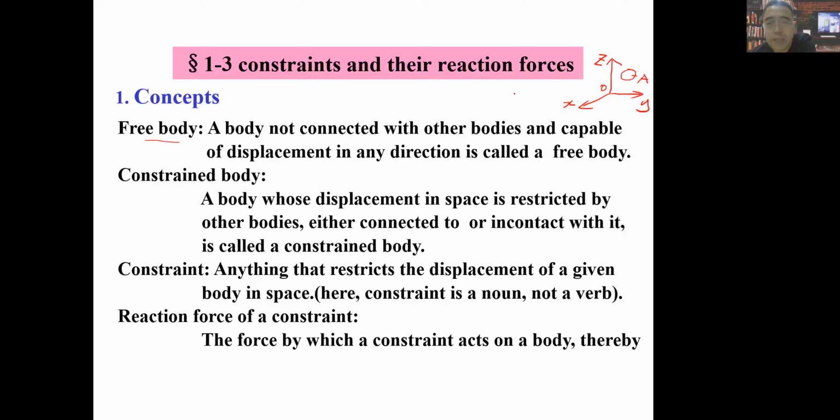This is very easy to understand, but you should know that in space, this free body A or another body will have a fixed number of types of independent movement. In other courses, maybe we will call this independent movement freedom.